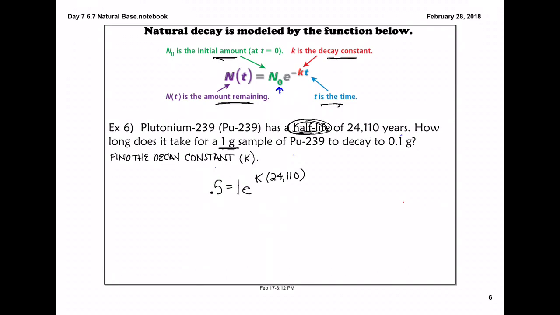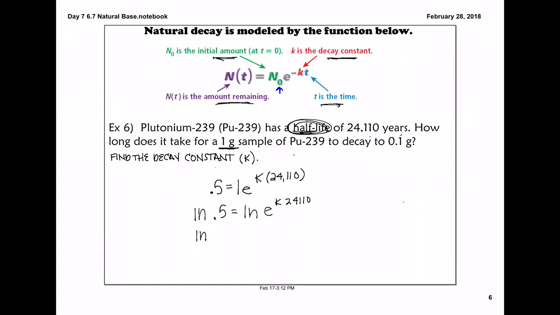So then we need to solve for our decay constant. So we can take the natural log of both sides. And when we have the natural log of e, that's the same as saying log with a base of e.